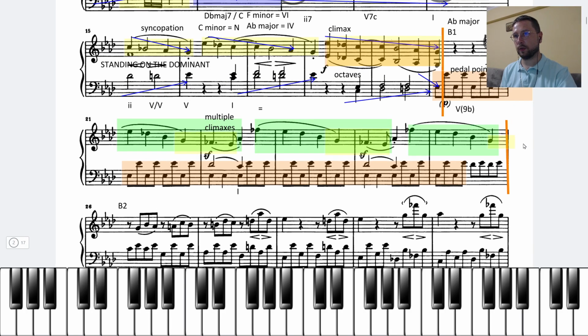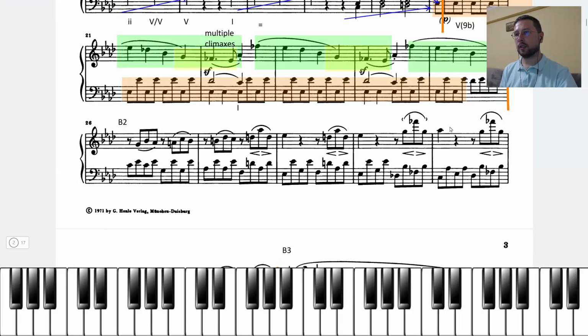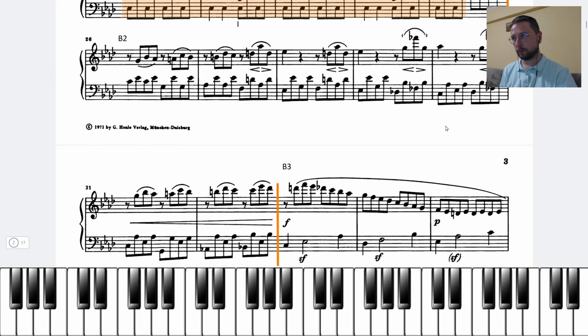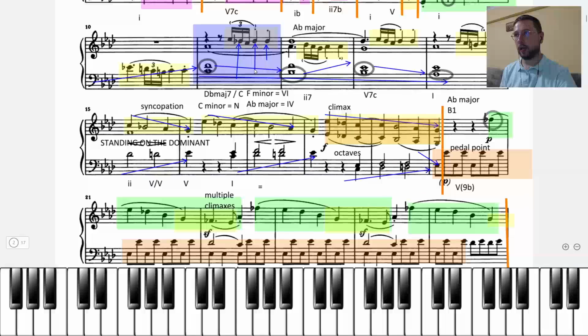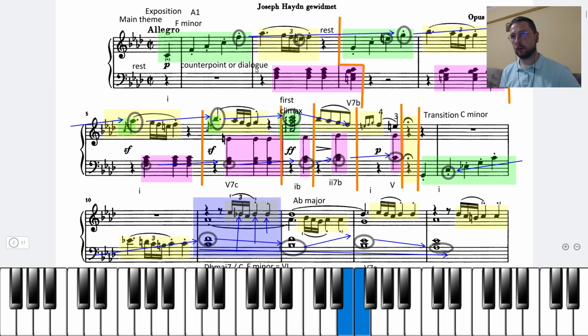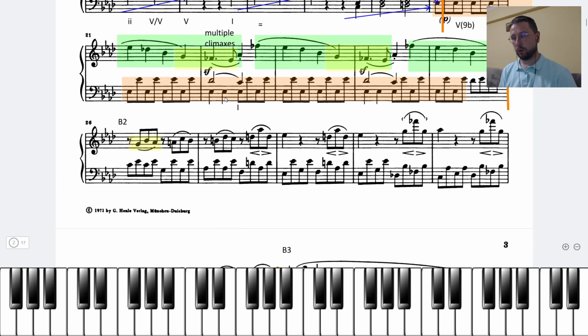It's not a very sophisticated idea. Now let's jump into B2. So B2 is mostly based on the concept of the neighbor tone. We have this neighbor tone here, and now if we skip the middle note, that's what we get, and that's what Beethoven works here, right?